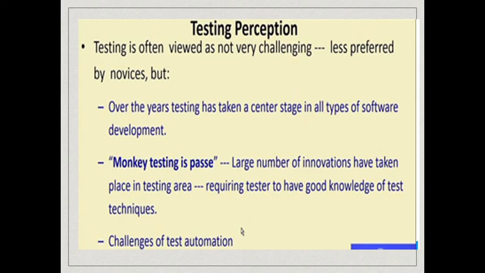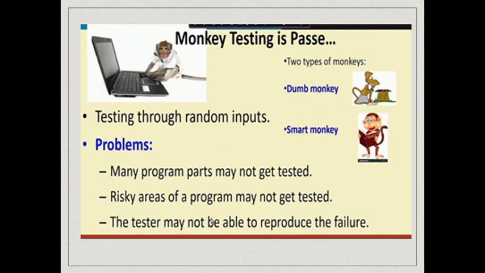Because of the large number of testing techniques and test-related innovations and tools that have come into the picture, monkey testing is no more used. Testers have their own domain knowledge, not everybody can do the testing, and they must also be conversant with the test tools.